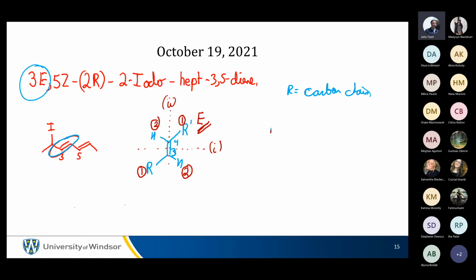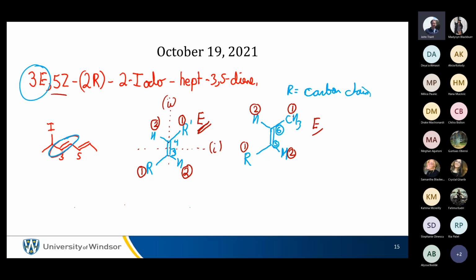Let's just worry about these before we redraw it. And so again, what I have is a CH. On carbon 6, I have a CH3 and an H. And on carbon 5, I have an R and a hydrogen. Again, I could draw out the whole chain instead of R, but it's a carbon chain. It's heavier than hydrogen. And so if I do that, again, what I've drawn here, the highest priority groups are trans to each other, so I've drawn an E double bond.